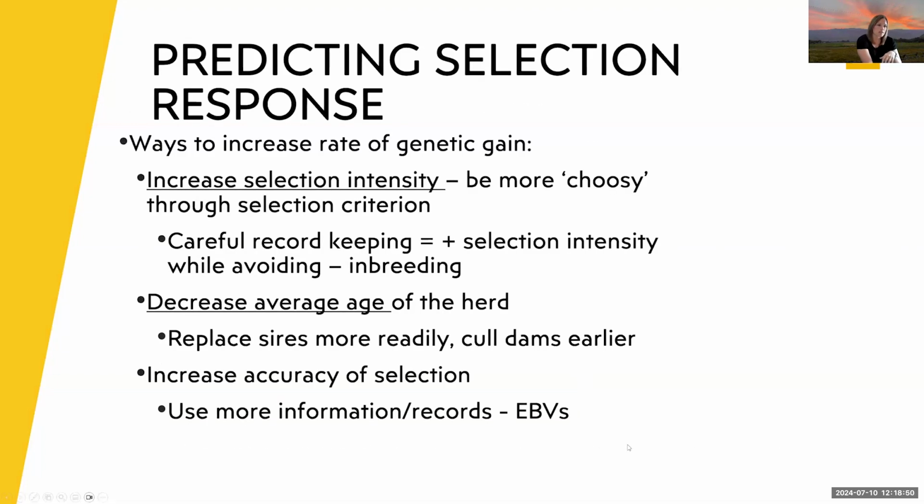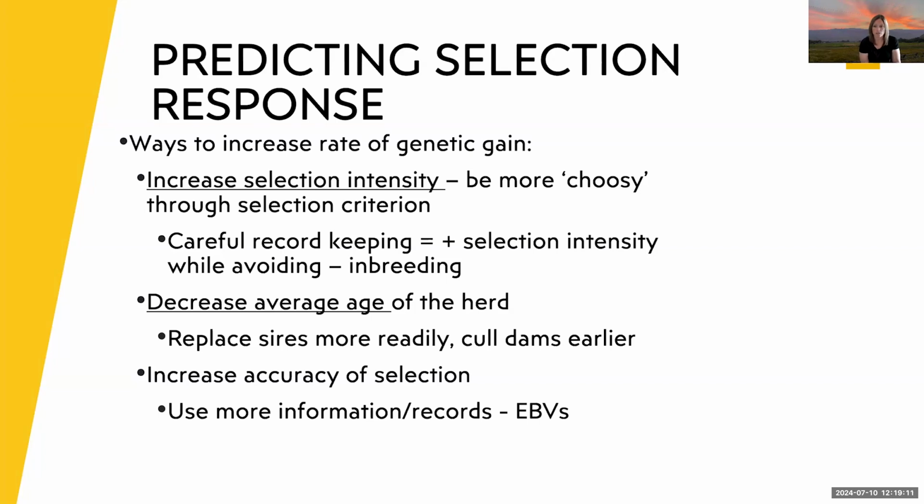So one of the things that I like to discuss when we're talking about gaining genetic potential in a flock or herd, there's a couple of ways that we can really gain more ground. So one of them is to increase your selection intensity, which essentially just means being more choosy about the animals that you pick.